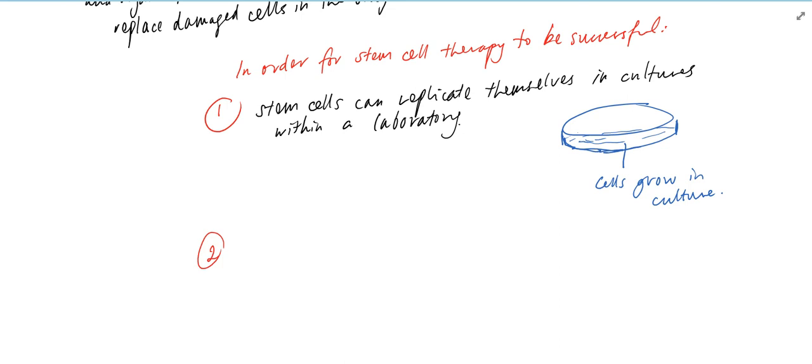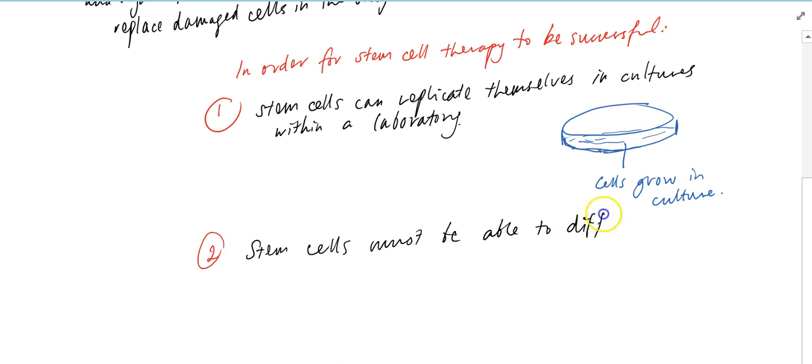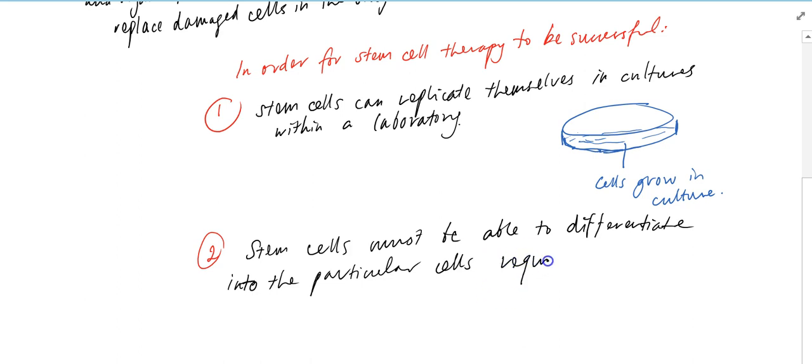The second of the challenges is that stem cells must be able to differentiate into the particular cells required to treat a certain disease or disorder.